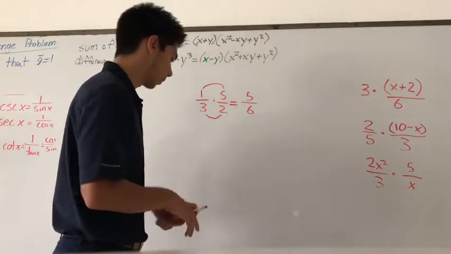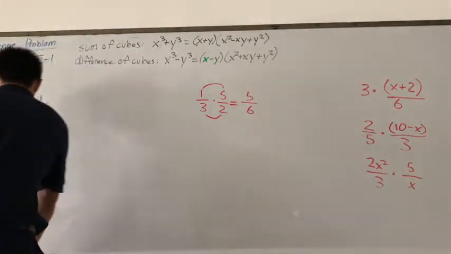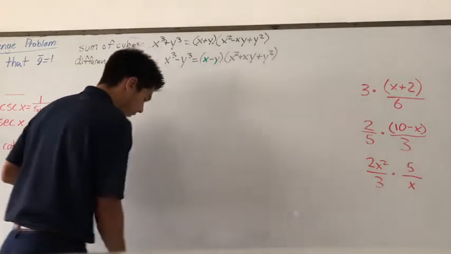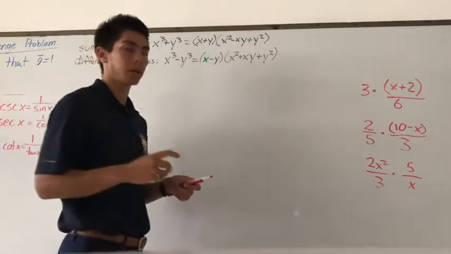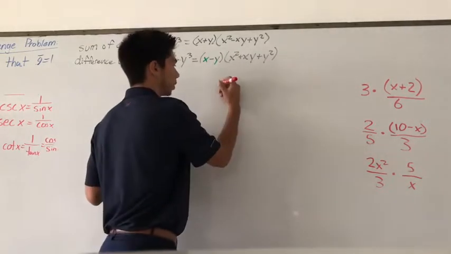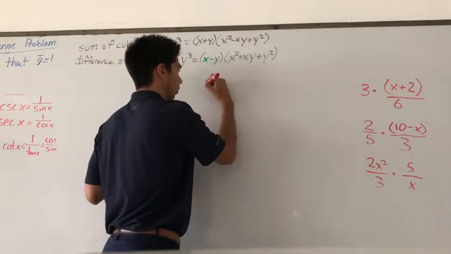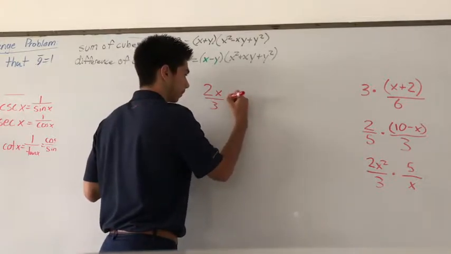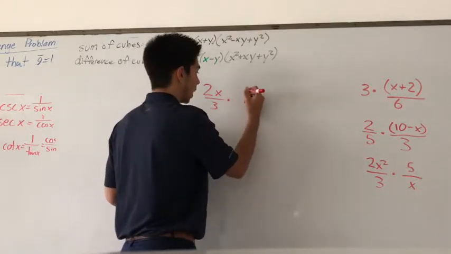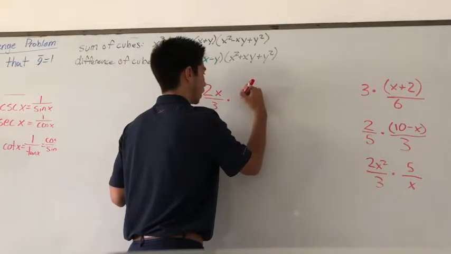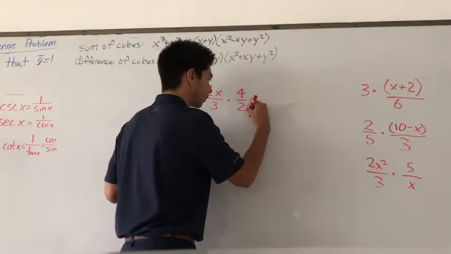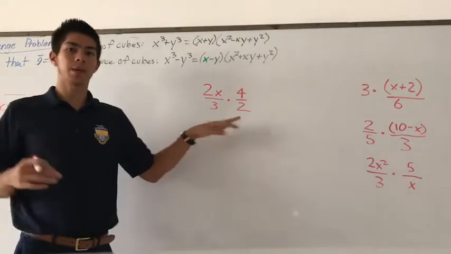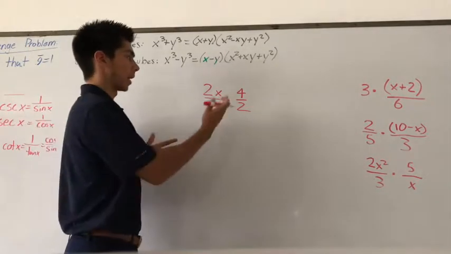Now, to multiply algebraic fractions, we're going to follow the same process. I know that you might get confused by the x, but don't be, because it's really functioning in the same way. So if I have 2x over 3 times, let's say, 4 over 2, I can do the exact same thing to multiply this out.